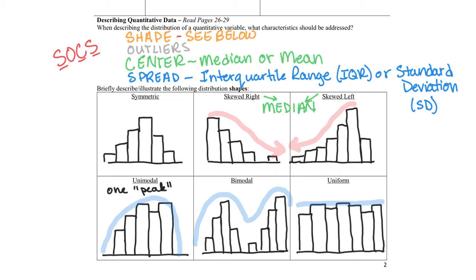And once again, the IQR is only used for skewed data. That's when we need to know how to calculate it, but it's really used for that skewed data because it's based around the median, whereas standard deviation is based around the mean.